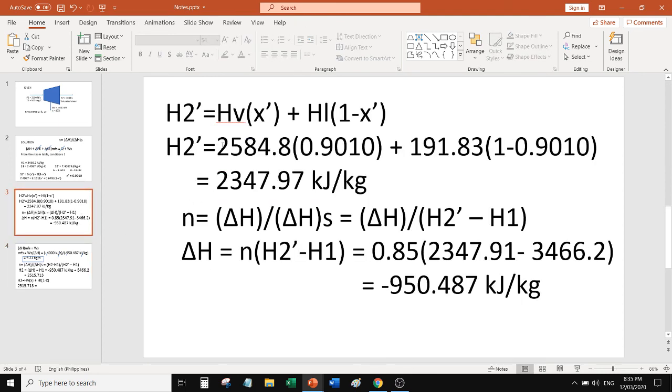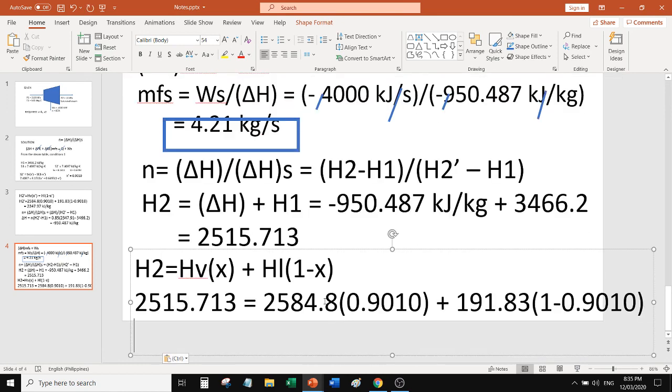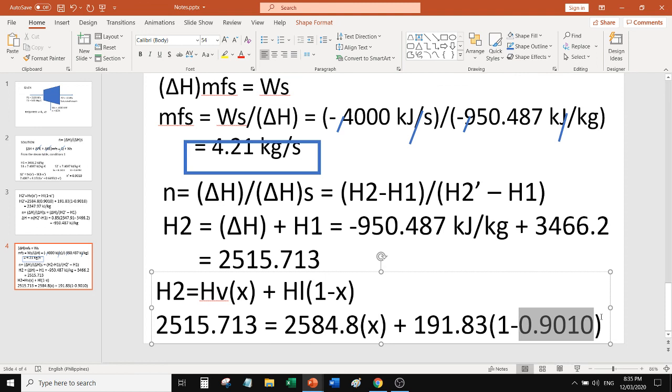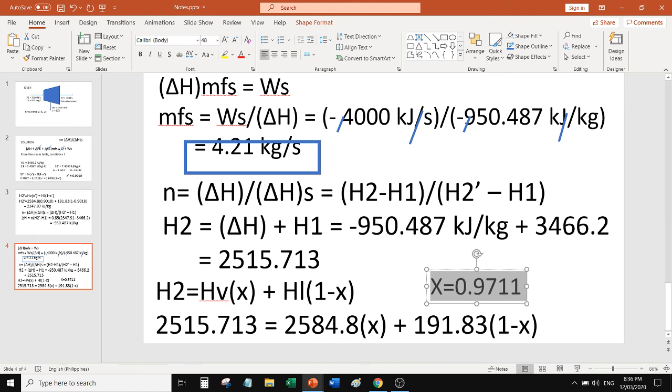Copy-paste ko, tapos palitan ko lang ng X to. Then, solve for X. Solving for X, X is 0.9711. Use your calculators.